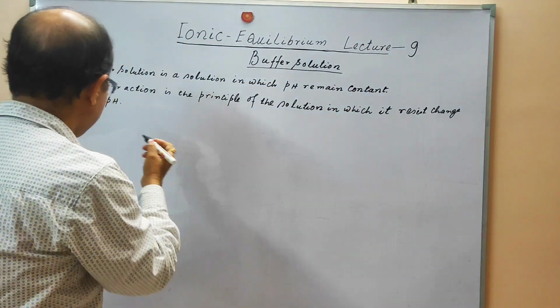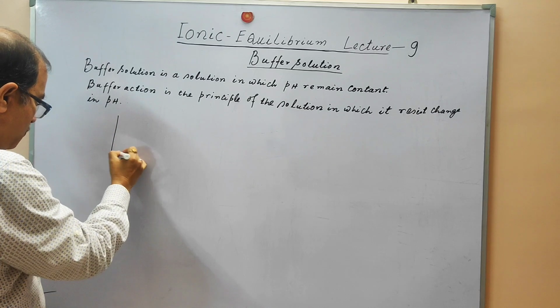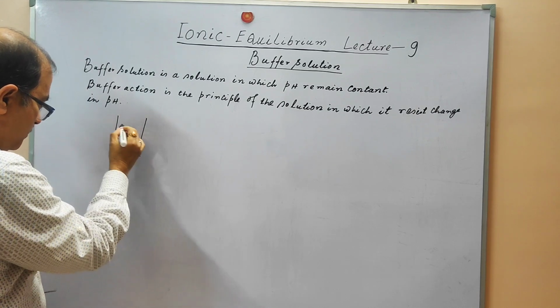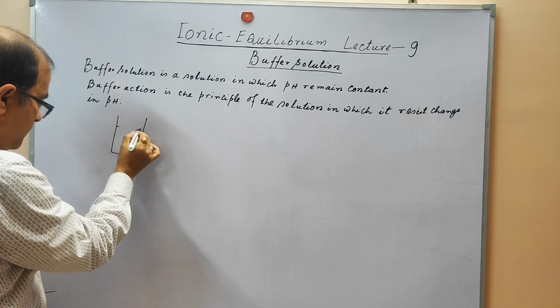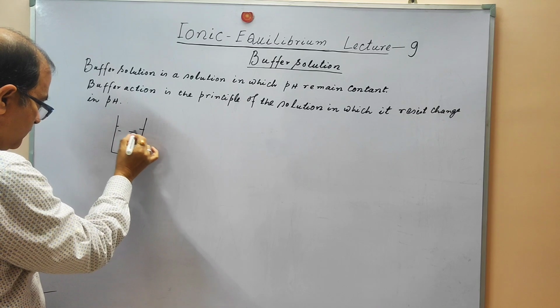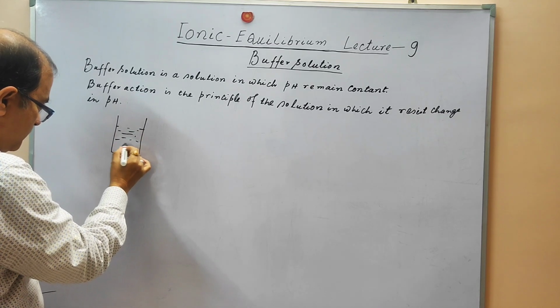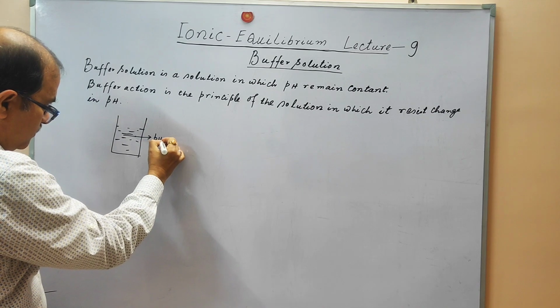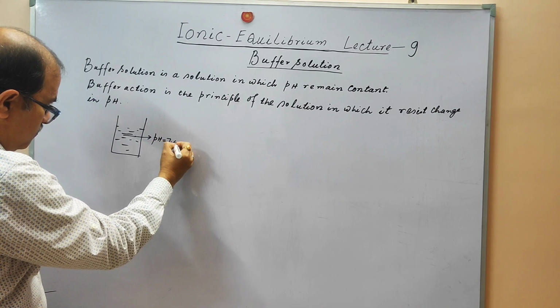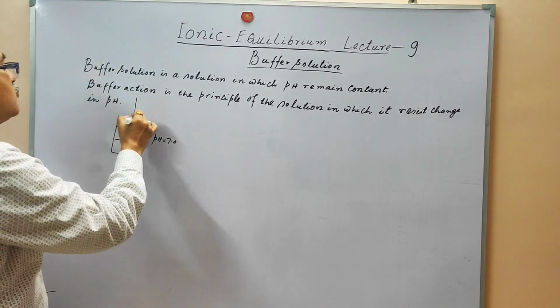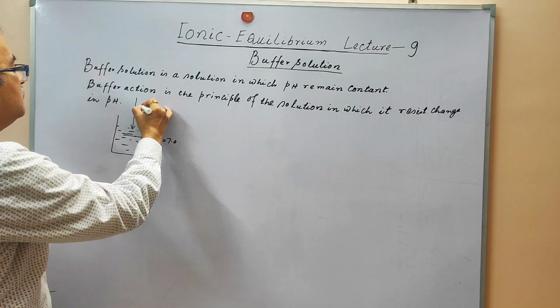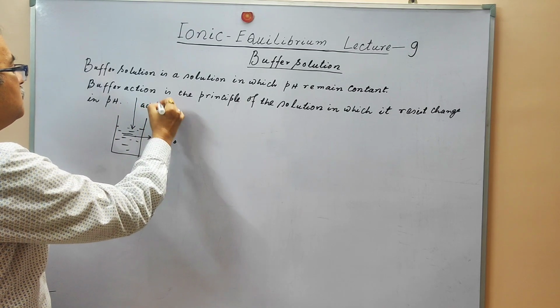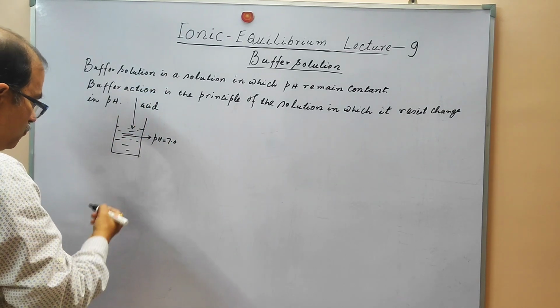As an example, suppose we have taken one beaker which has water, and the pH of the water, we know, is 7. Suppose we put some acid. What is going to happen?